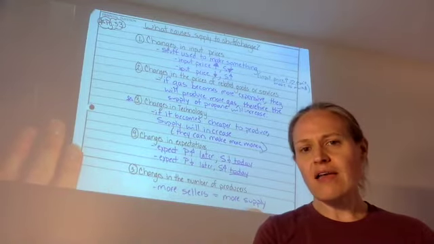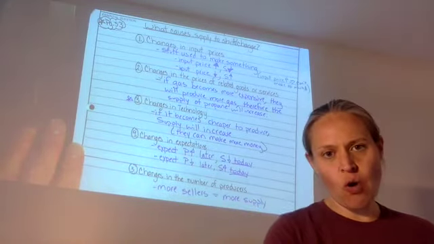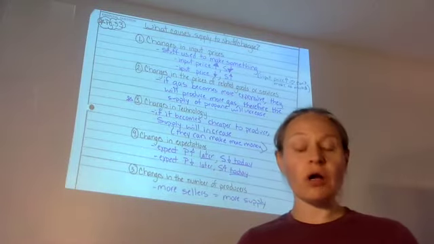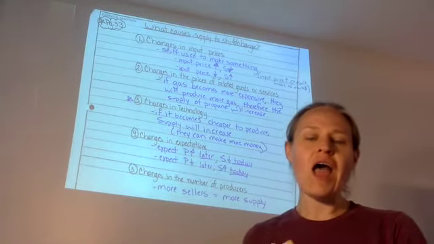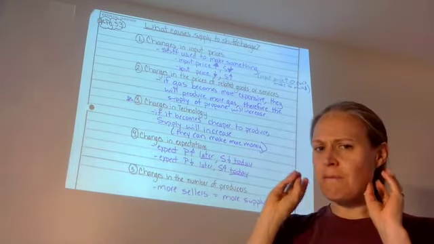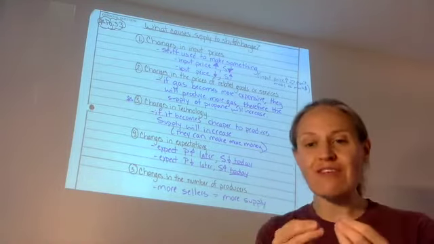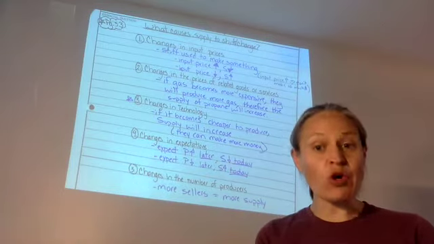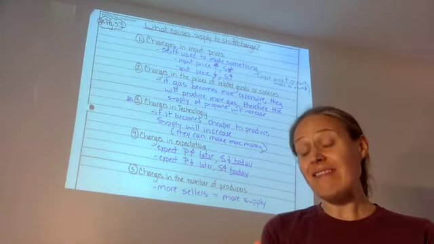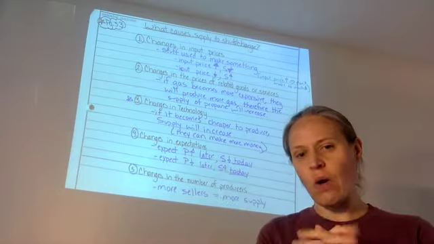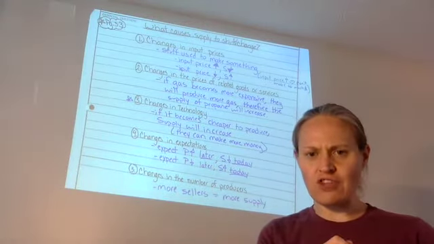As far as these go, these changes in or causes of change in supply, you just have to basically understand that if something becomes more expensive to produce, the supply will go down. If something becomes less expensive to produce, the supply will go up. That's the big thing to know there.